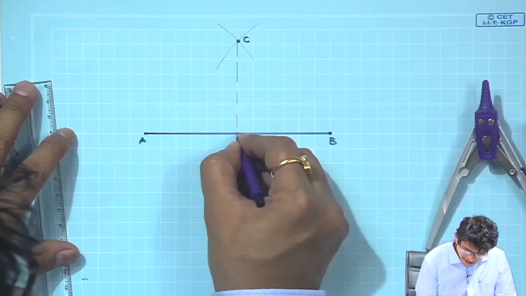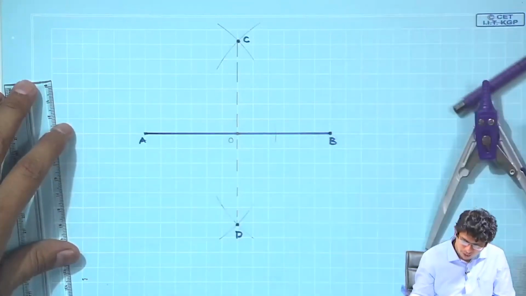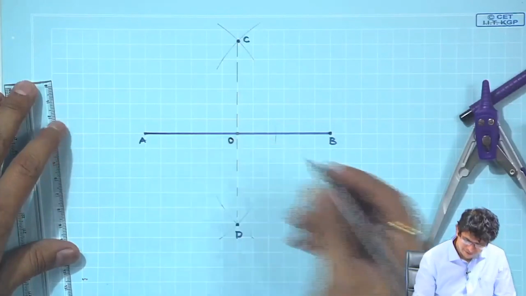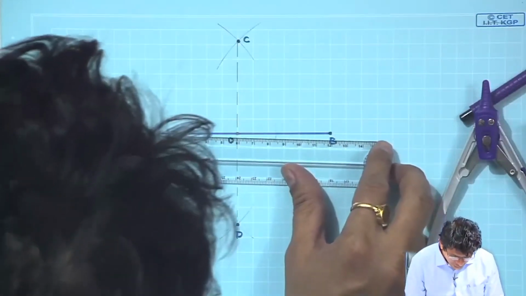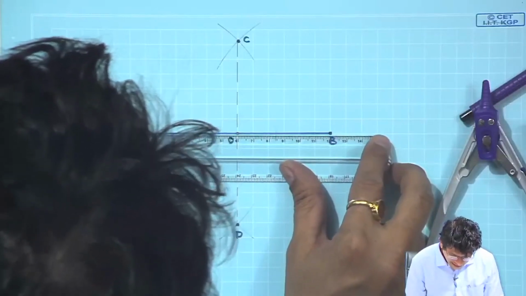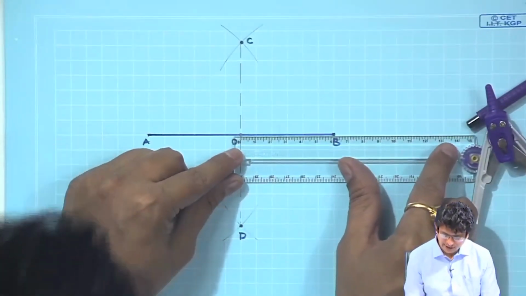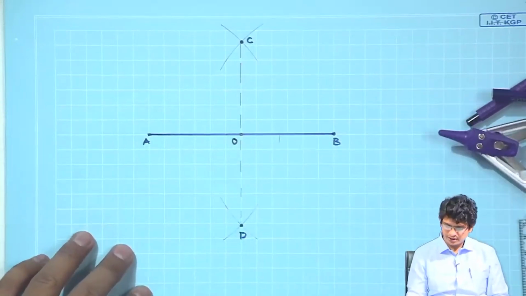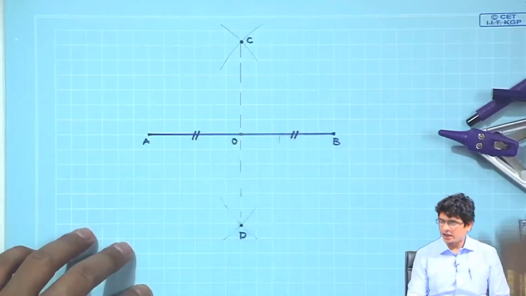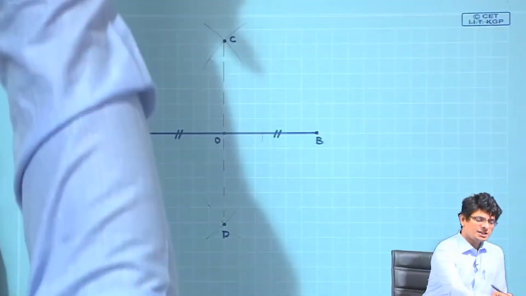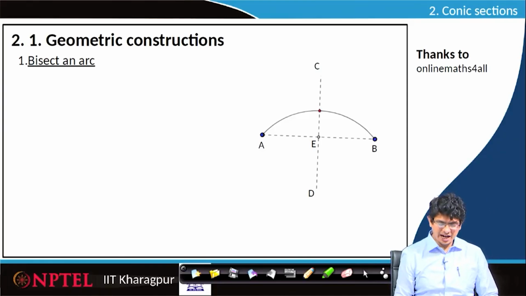The point where it is intersecting, bisecting, let us call O. If we measure the distance from A to O, we get 6 units, and from O to B, 6 units. So, AO and OB are equal. Let us look at the next objective, how to bisect an arc.